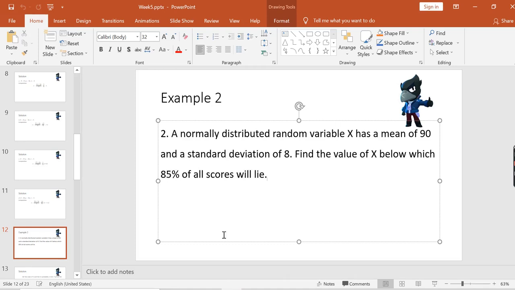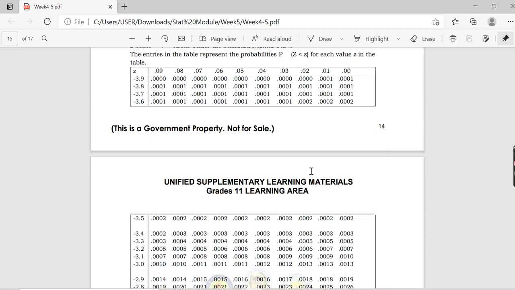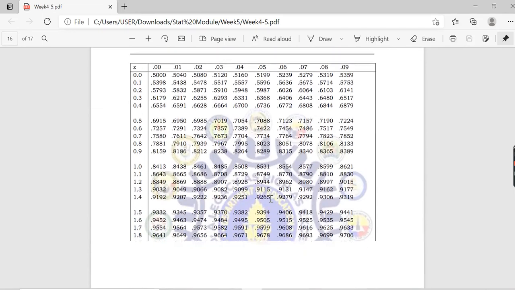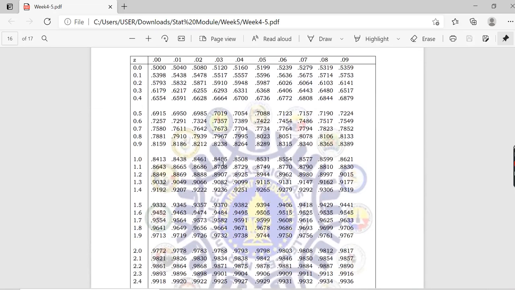Now, let's look back at our table to see if there is a 0.85 there, because the values on the table represent the area under the curve. Okay, we're almost near.